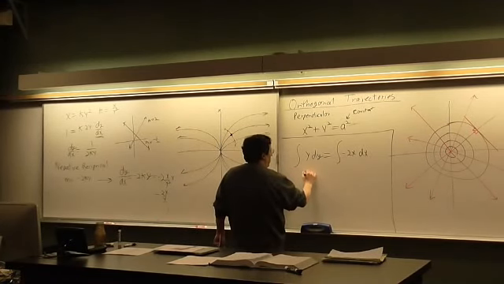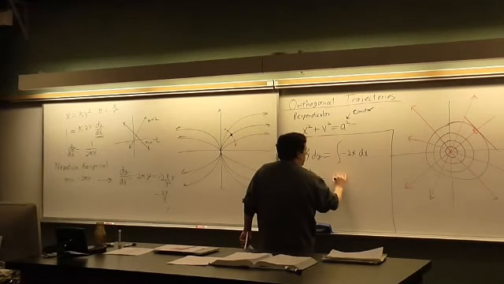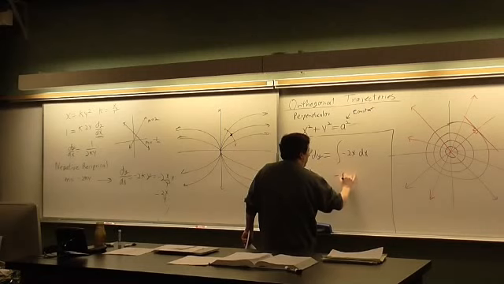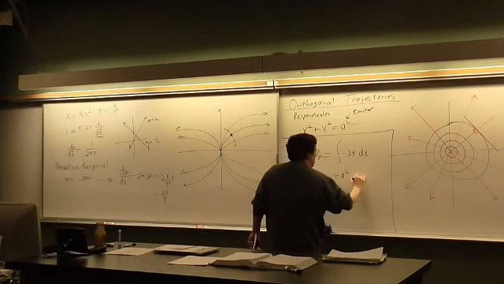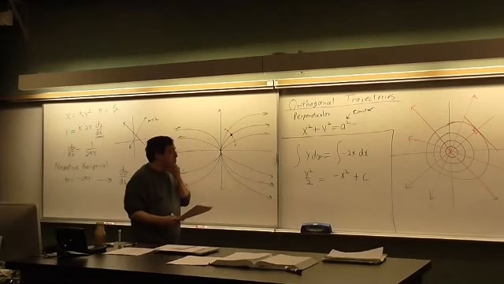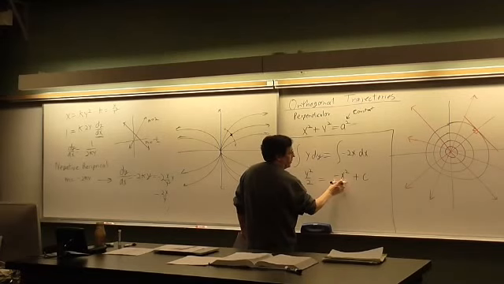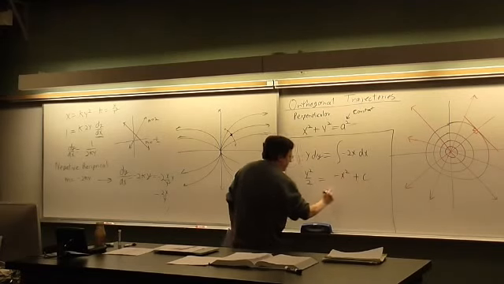Let's integrate. Here I'm going to get y squared over 2. Here I'm going to get negative x squared plus some constant. And finally, I'm going to add x squared to both sides, and I'm going to divide by c.